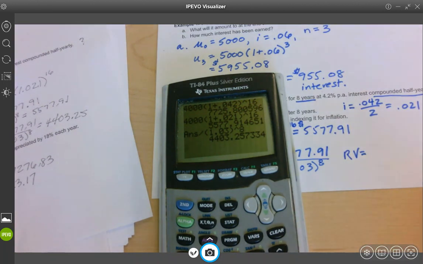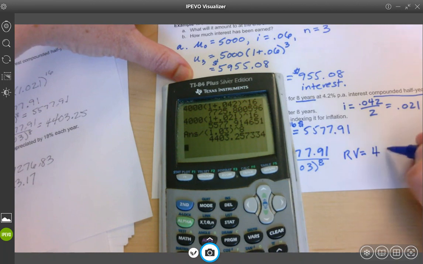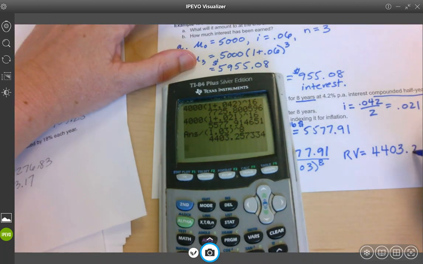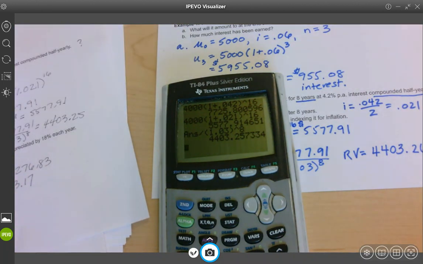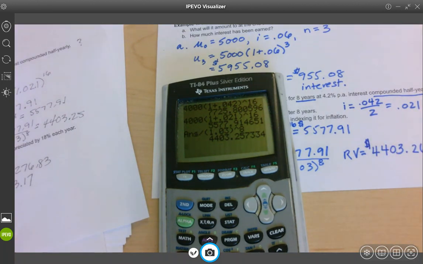Okay, so I'm getting that the real value would have been $4,403.26. Is that what it says? You get 0.257? Okay, so 26 cents. All right, so that's what we would have started with if we took out the inflation.